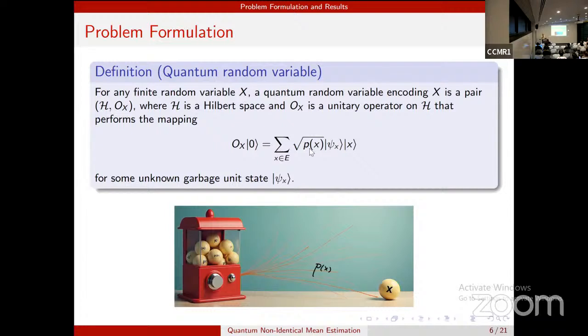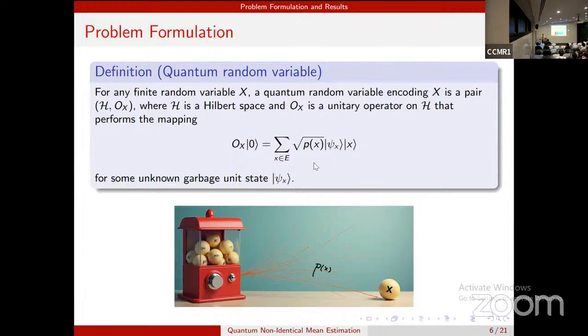To some degree, this quantum state can be seen as a generator, although it can be used only once, of this classical random variable. We say that one query to this unitary OX is one quantum sample, and the number of calls to this OX is the quantum query complexity.